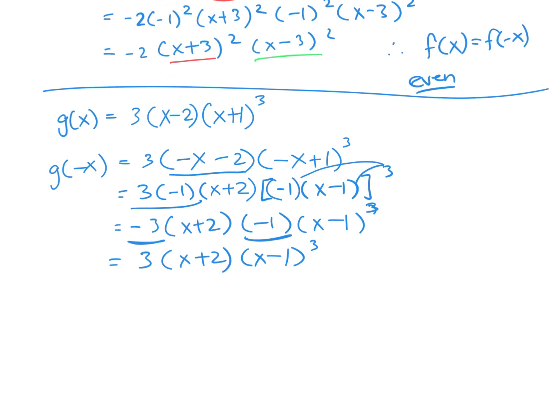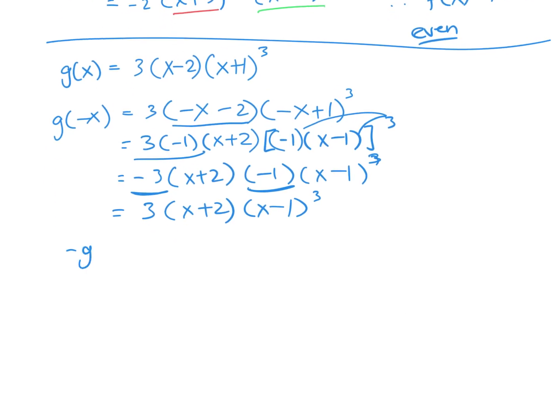So I will try negative g at negative x. And all that's going to do is add a negative in front, which will not fix anything. And please keep in mind, since this is factored, we're not distributing this negative in. They're already attached by multiplication.